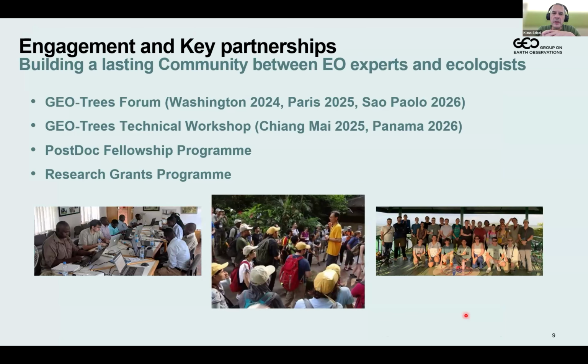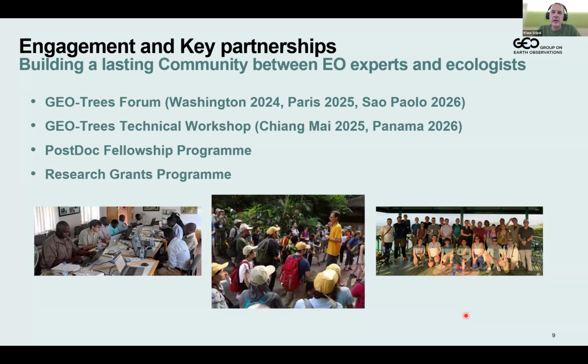So we organize an annual GEO-TREES forum where we bring all these groups together. There was one in Washington, last year it was in Paris, and this year we are organizing one in the fall in Brazil, in Sao Paulo. We also organize technical workshops. Last year we had a technical workshop in Chiang Mai where we trained forest ecologists in the use of terrestrial laser scanning.